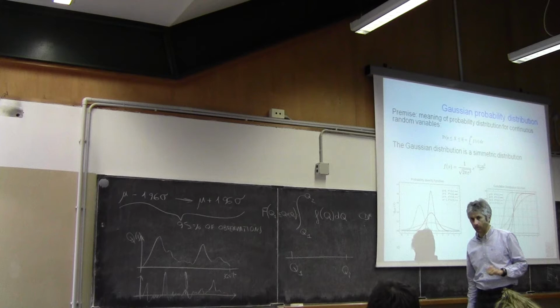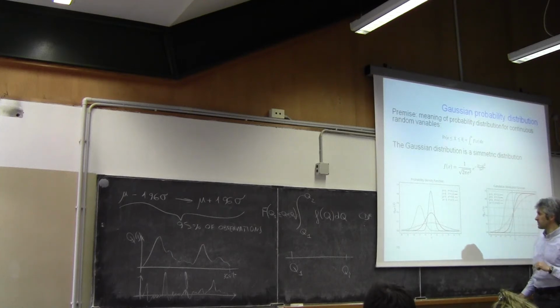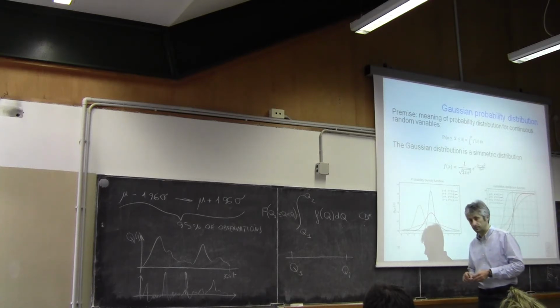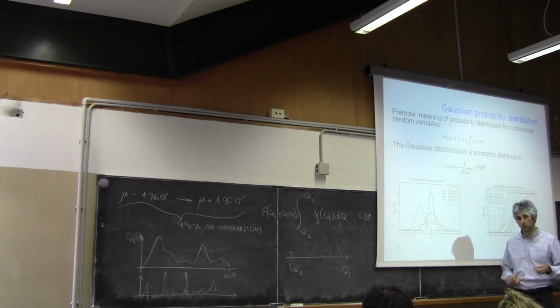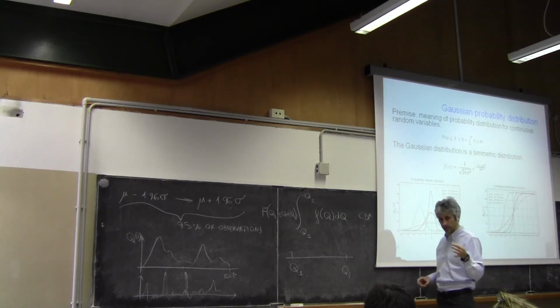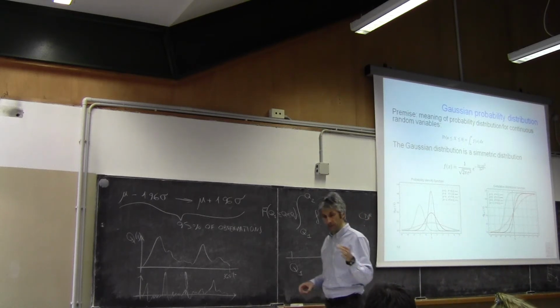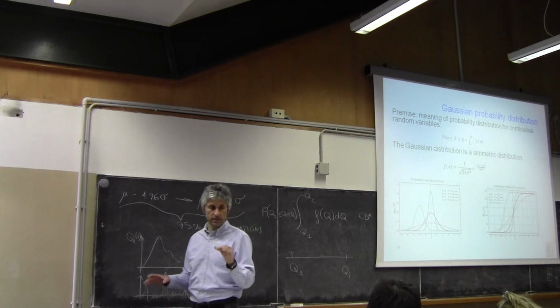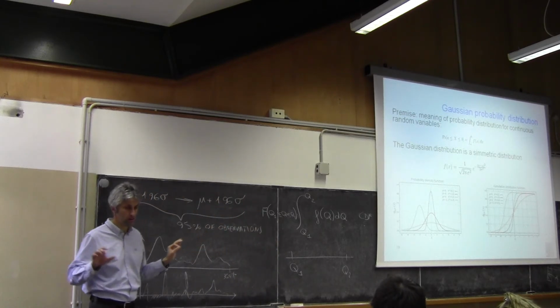So this is a first problem. Second problem, I mentioned symmetry. River flows are not symmetric because they are bounded to zero. They are lower bounded, while they are not upper bounded. So this is the reason why they cannot be symmetric.